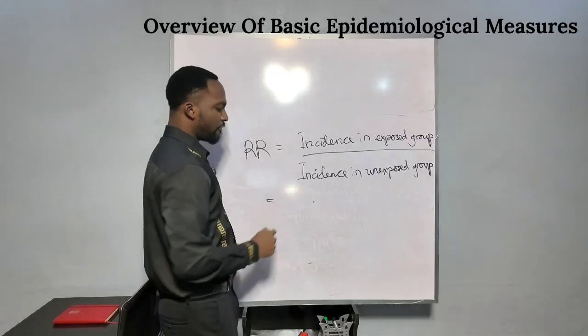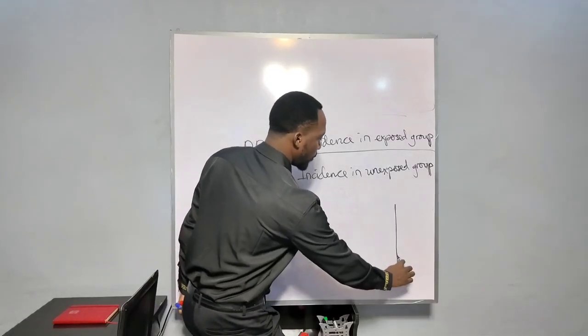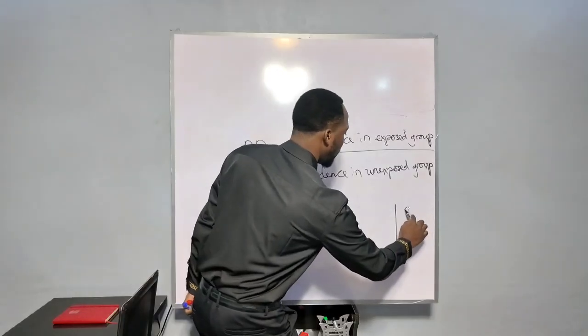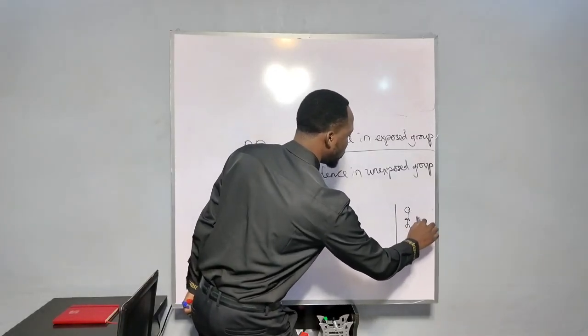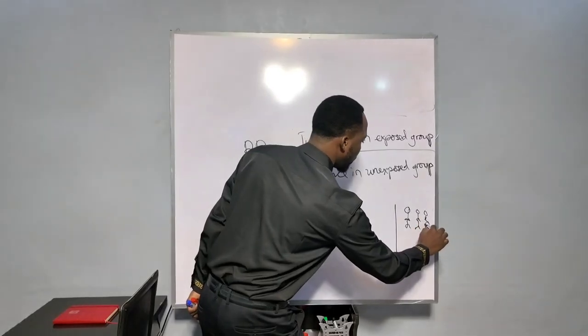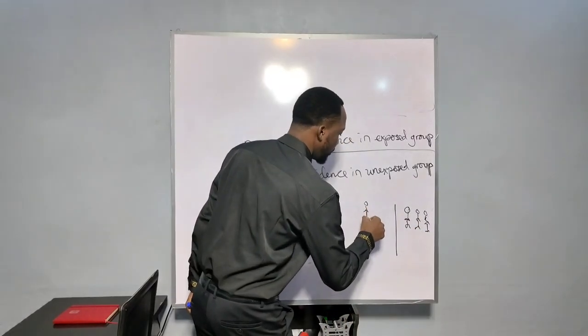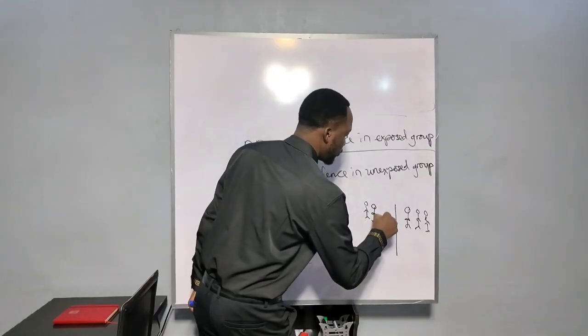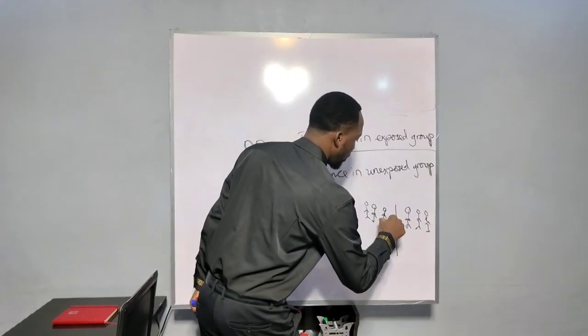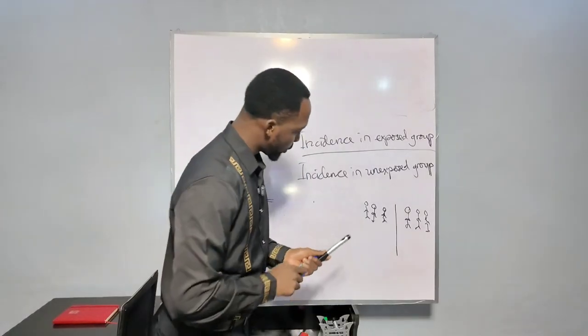So suppose we have 2 sets of people. Let's put it this way, 3 people each, a group of 3. I don't want to draw so many people, so we have 2 people. And in this first group of people, we expose them to something.